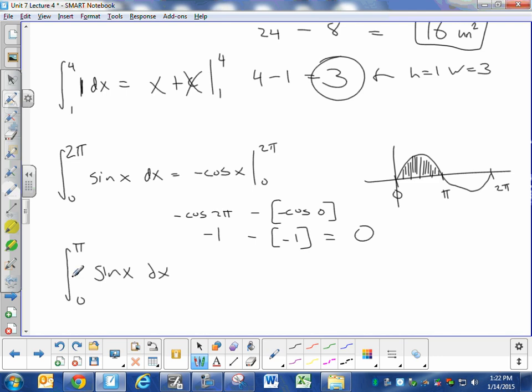You figure it out. Tell me what this area is in units squared under this sine curve from 0 to pi.